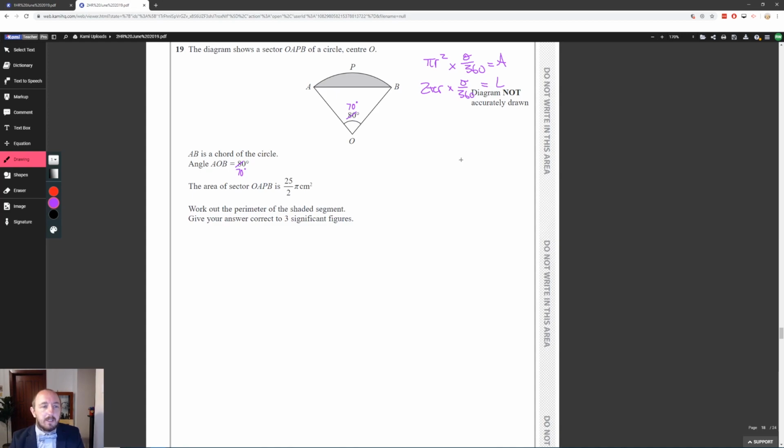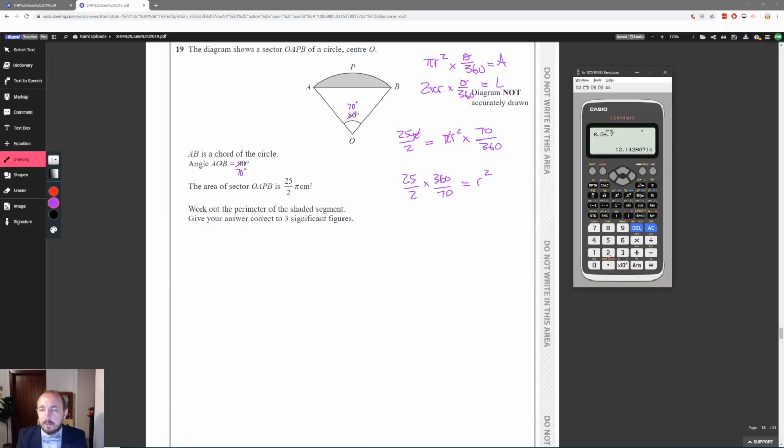So we're given some information about the area of sector OAPB. The whole lot is 25 over 2 pi centimeters squared, which is equal to pi r squared times the angle, 70 over 360. And we can now cancel the pi's and try and work out what the radius would be. So 25 over 2 times 360 over 70 would give me r squared.